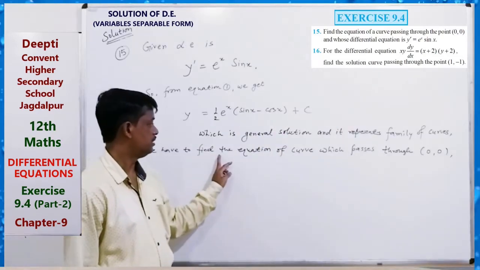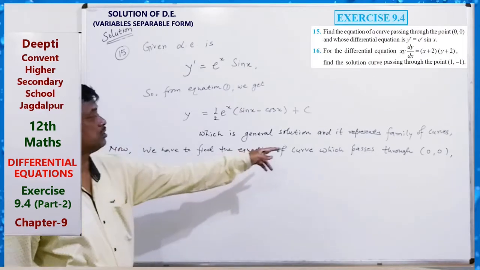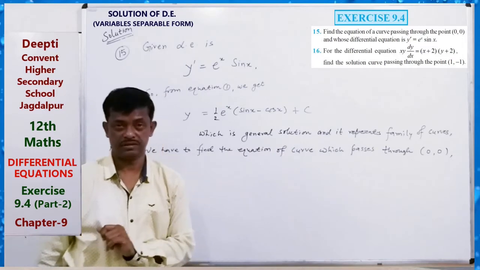We have to find the equation of the curve which passes through 0, 0, that is, through the origin.